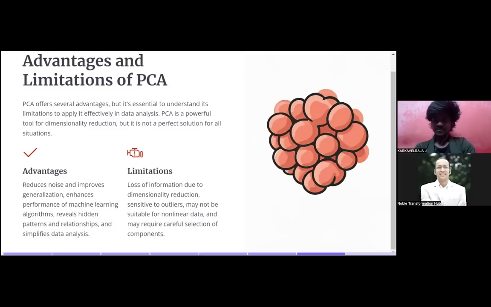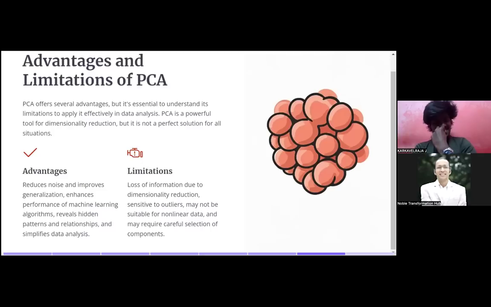So limitations: loss of information due to dimensionality reduction, and sensitivity to outliers. Guys, we learned in advantages that it improves generalization, right? But in limitations, it is sensitive to outliers. So on one hand it helps us with underfitting, but then there is an overfitting problem. You can't be perfect at both things, right?